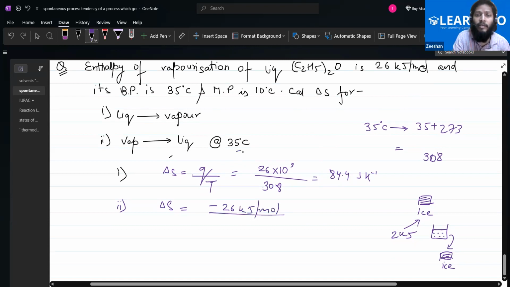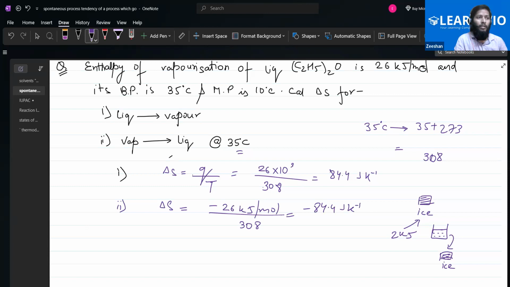The temperature is given as 35 degrees Celsius, so 308, and the result will be minus 84.4 joule per Kelvin, right? Yes, sir. Has everybody understood this? Good.